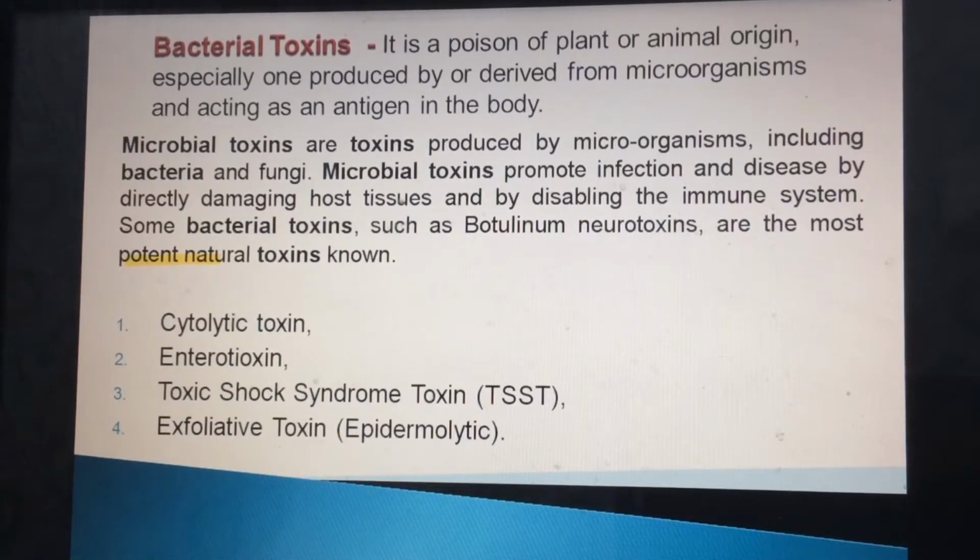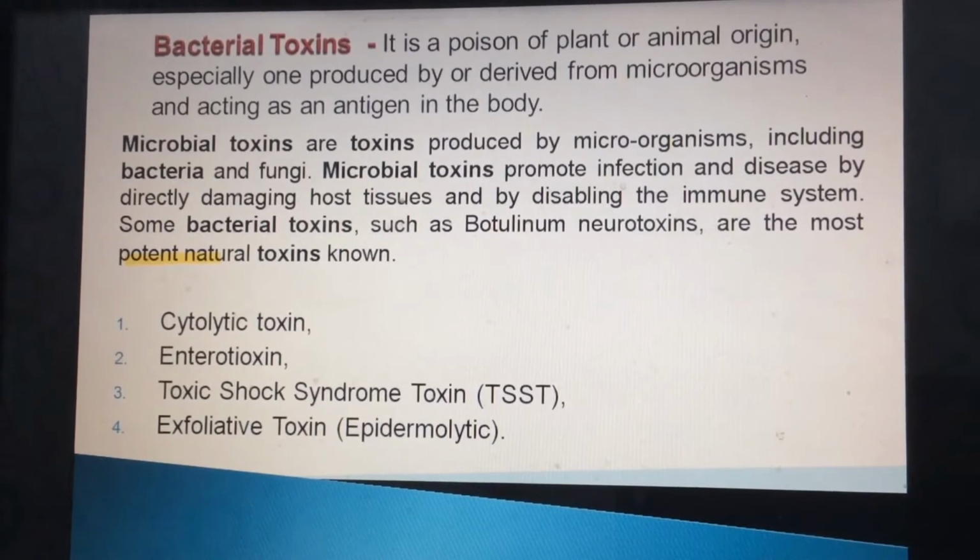Here we will understand the toxins produced by bacterial and fungal systems. These toxins can be of different types: the cytolytic toxins, the enterotoxins, toxic shock syndrome toxins, and exfoliative toxins.